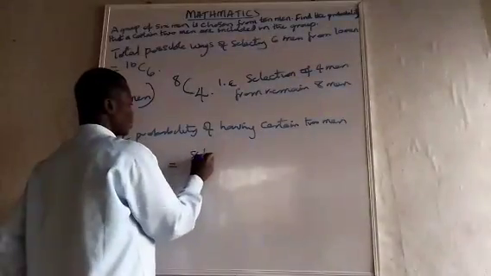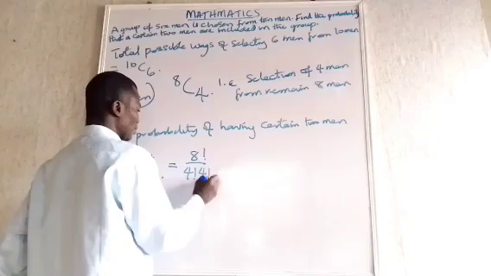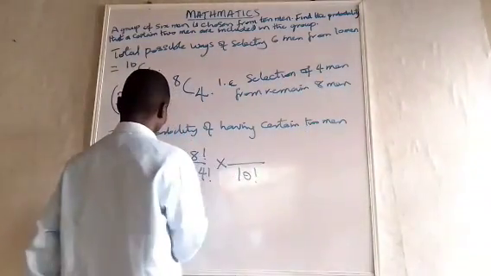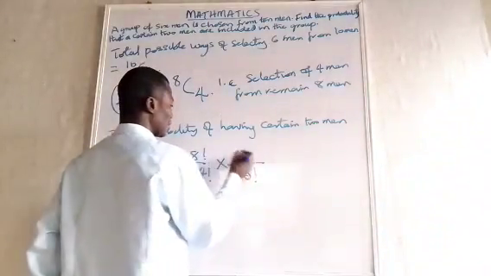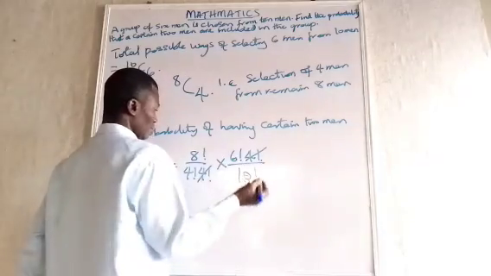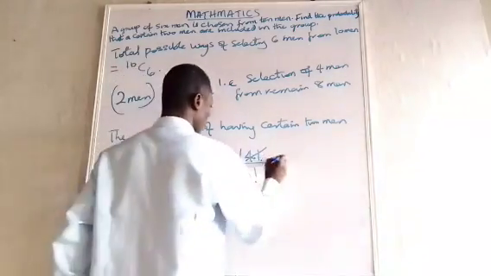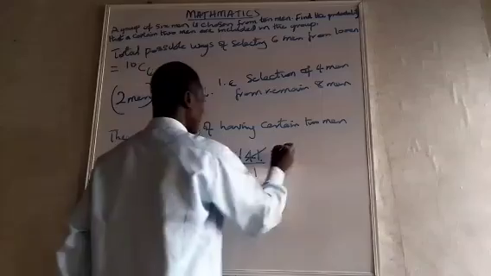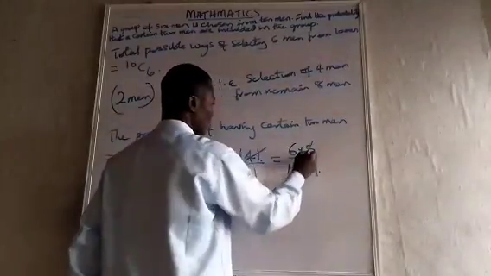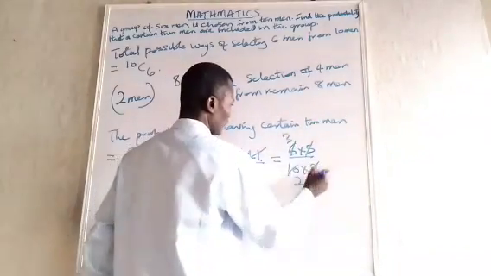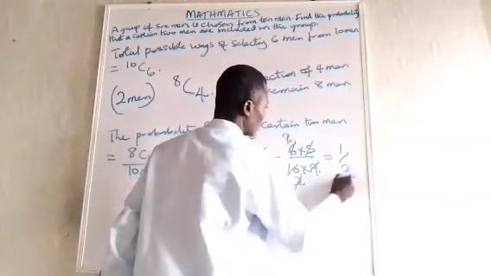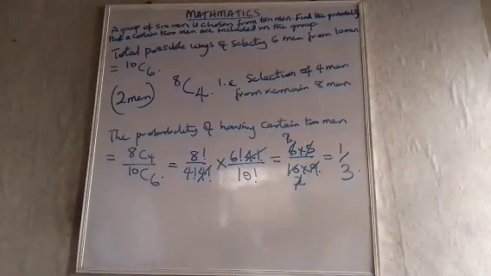It's going to be 8 factorial over 4 factorial 4 factorial times 10 factorial over 10 minus 6 factorial 6 factorial 4 factorial. Cancel. So once again, this one is going to give me 6 times 5, and this one is going to give me 10 times 9. So 1 over 3. That's the probability of having 2 certain men already in the group.